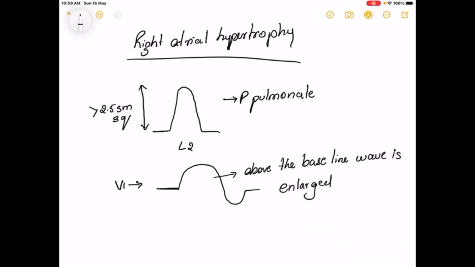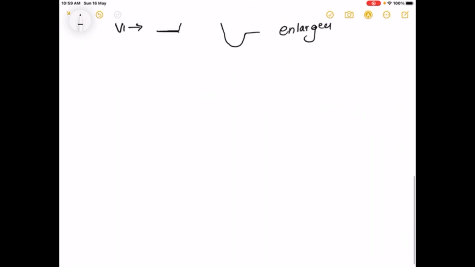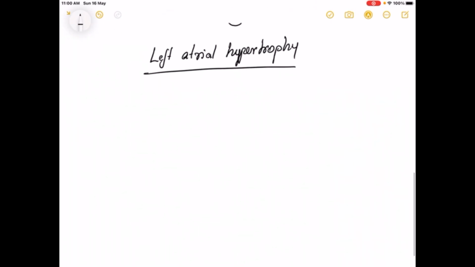Now coming on to left atrial hypertrophy. Here, as I told, the initial part of the P wave is due to the right atrium, so that is normal.